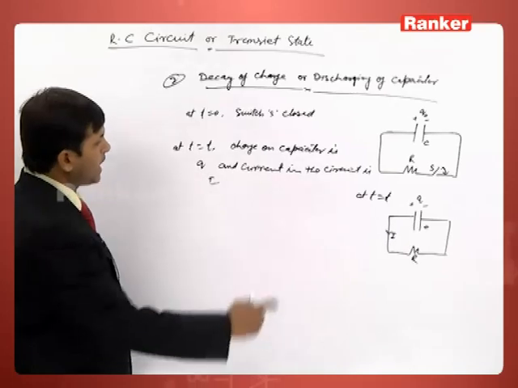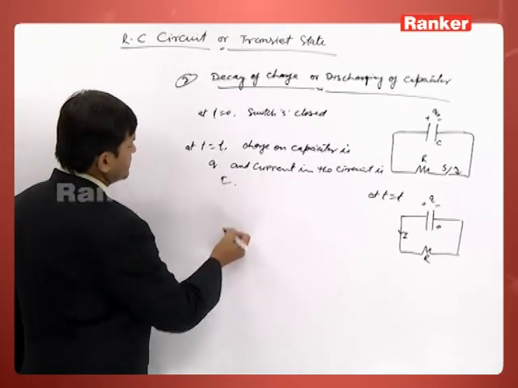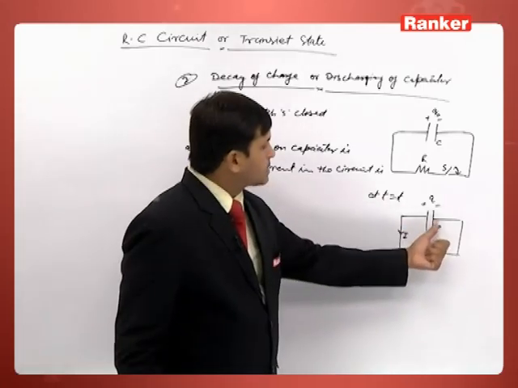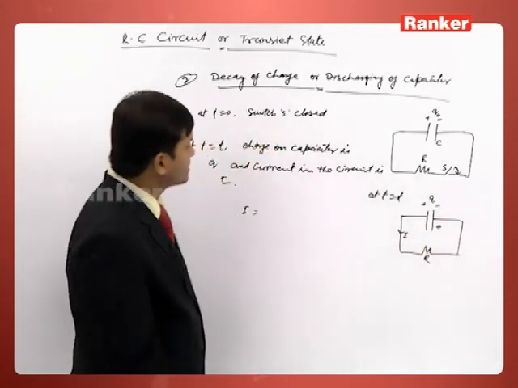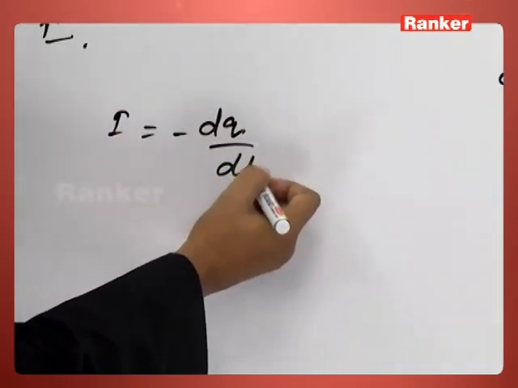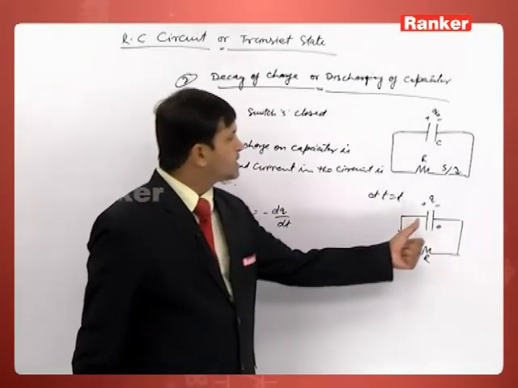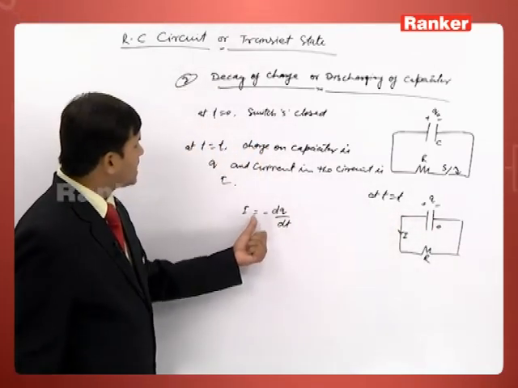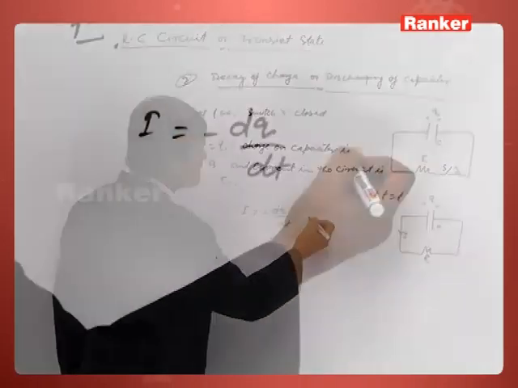Now as the capacitor is getting discharged, current can be written as the rate of flow of charge, and since charge is decreasing, I is equal to minus dq by dt.